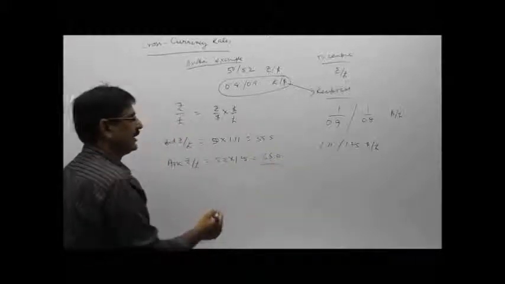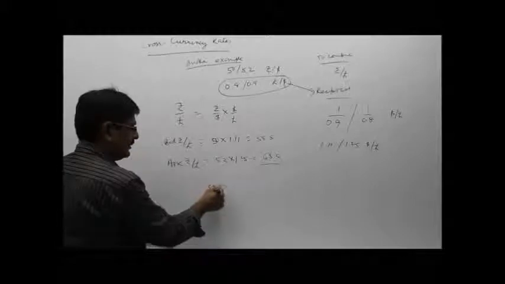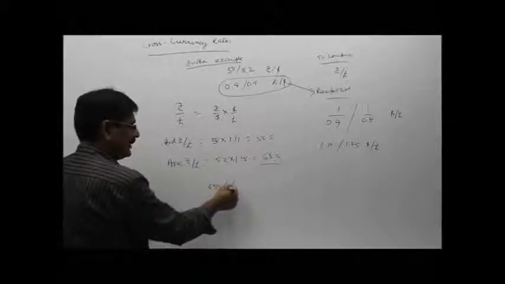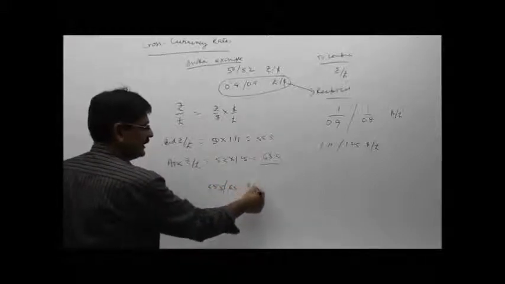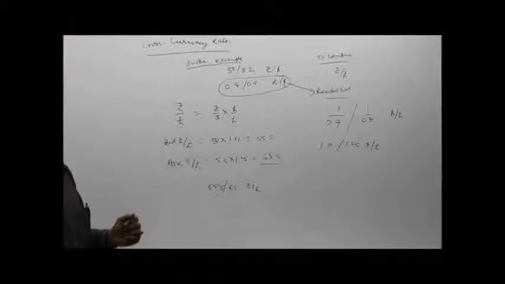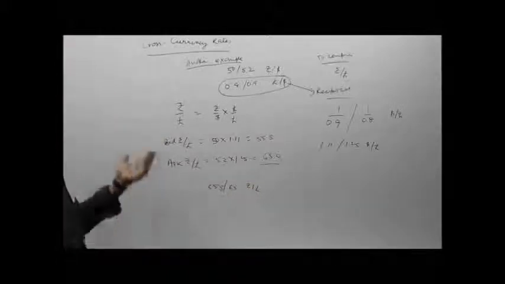So now we have the two quotes required for expressing the exchange rate, which will be this rupee per pound. That's our answer. So that's very simple.